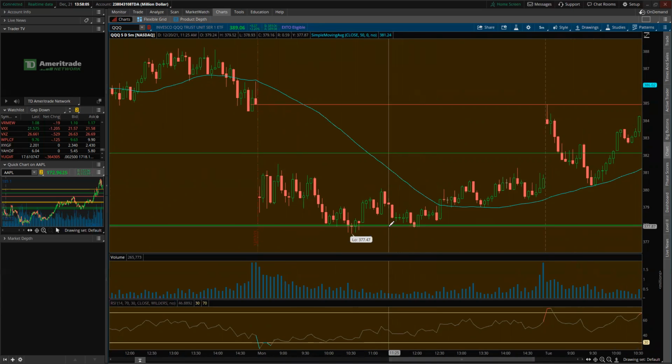We're using the daily chart to see where we are on the overall picture of things. And then we're going to use our 5-minute chart to determine where we are on a smaller time frame, where we are at the present time.